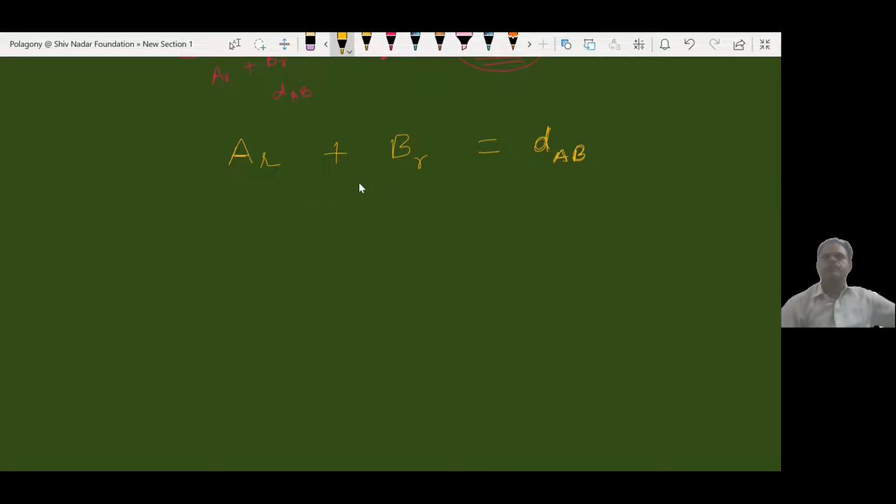If you sum up the two atoms' radii, you get the bond length between the AB atoms.